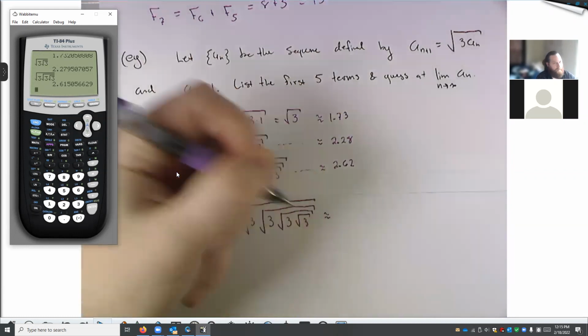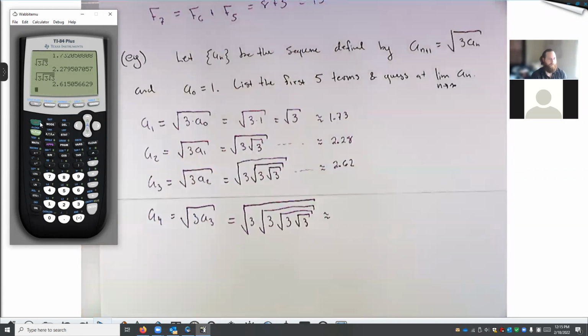And then this last guy would be the square root of 3 times the square root of 3 times the square root of 3. 2.8-ish.